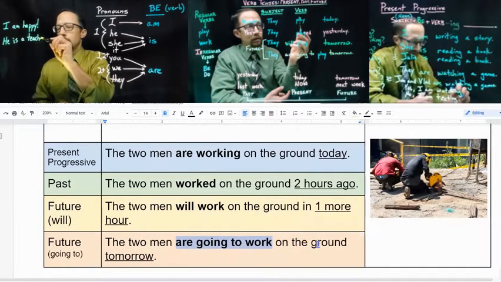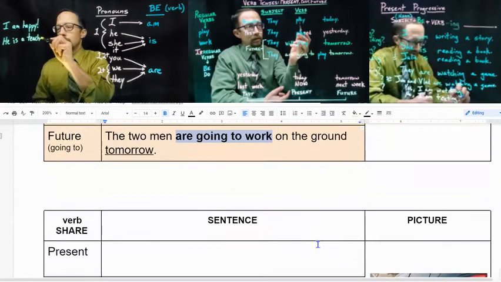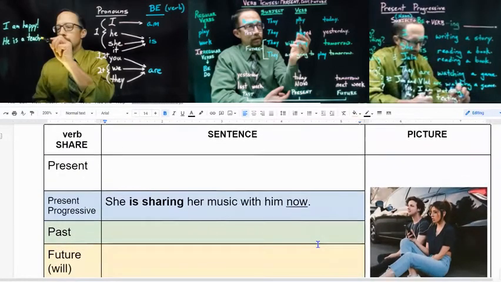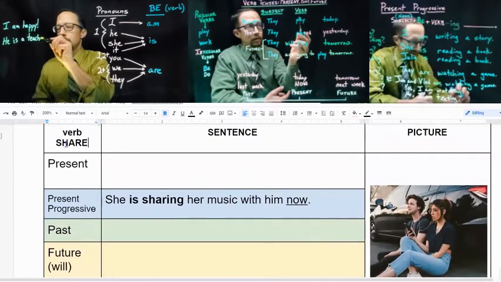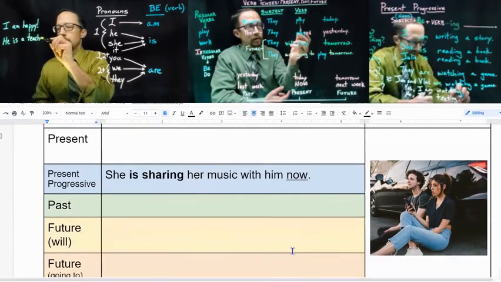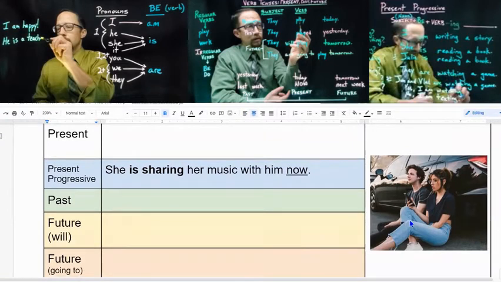All right, let's go on to the next verb, share. There we go, share. So you can see here in the picture, she is sharing her music with him now. See, they're sharing, they have their earbuds, right? Oh no, those are just audio phones, not earbuds.